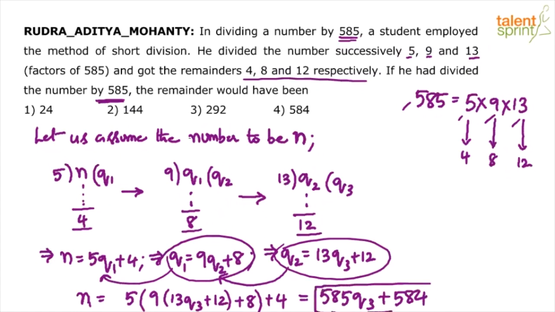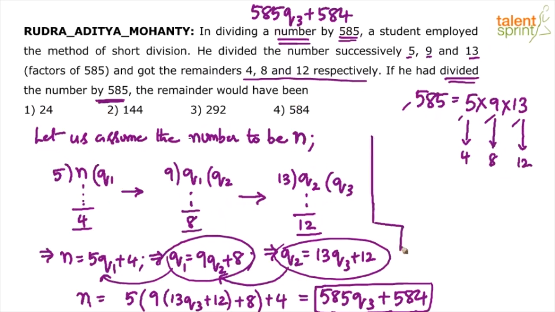So the number that we have been trying to divide, the number that he has talked about here, is 585 q3 plus 584. Now he says, if he had divided this number by 585, what will be the remainder?